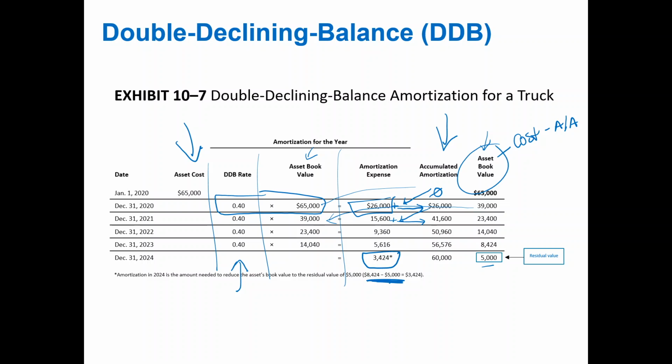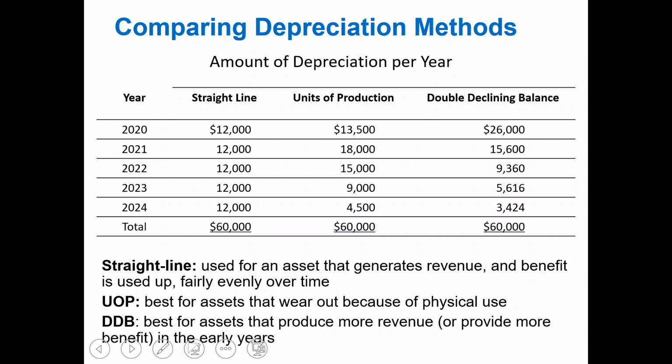Okay, so now that we've gone through and done all 3 methods, we can compare these to each other and really see with numbers how they compare. So straight line amortization, we know that you're recording the exact same amount every year for the useful life.